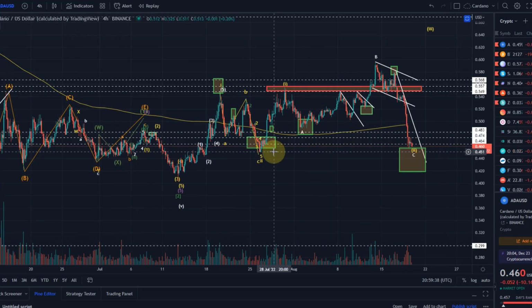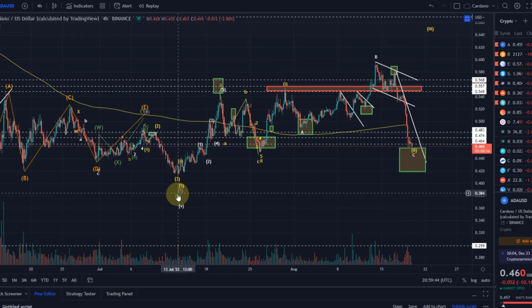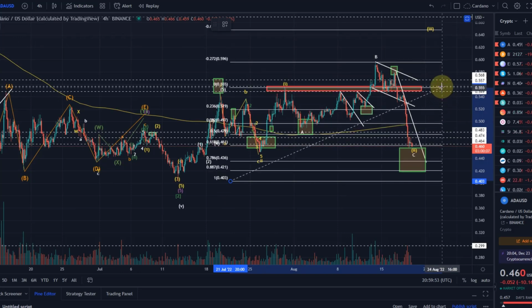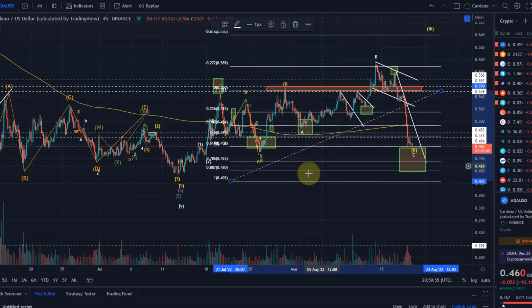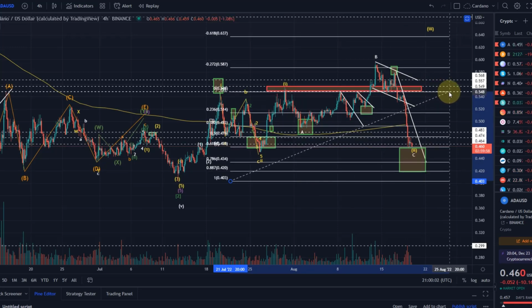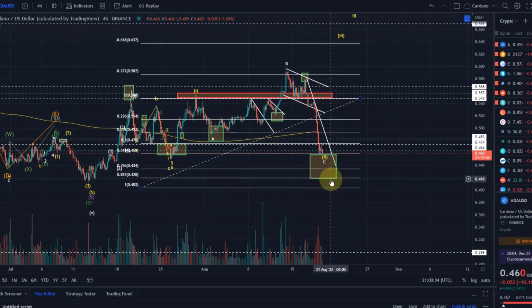I mean, we could turn around above 45 cents and then we can stay in the current scenario. If we drop below 45, it is the one that I just showed you. It wouldn't really change a lot. It would just take out one more one-two setup. And in this scenario, then we have a chance to reverse back to the upside here, above 42 cents, the 88.7% Fib level in this green target range.